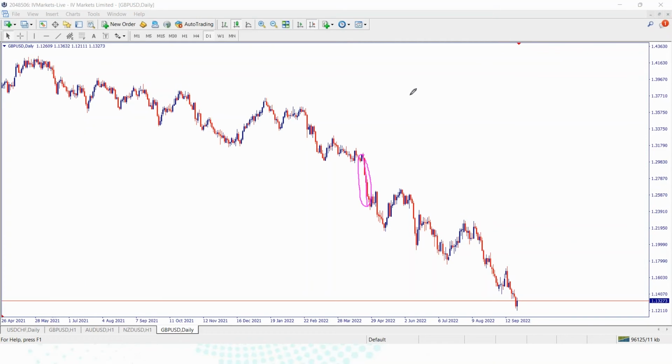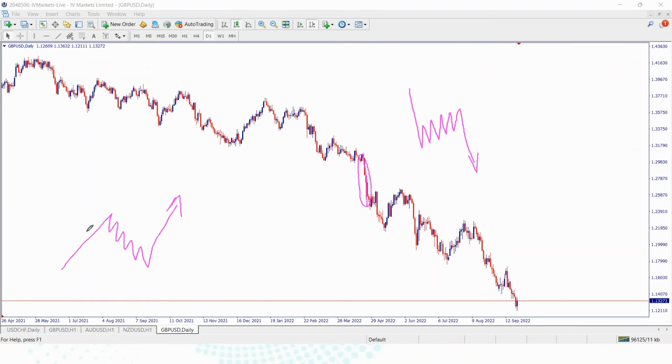Remember, after every impulse there is always a correction, okay, before the next momentum, before the next bearish impulse. And after every bullish impulse, there is always the negative correction before the next bullish impulse, right?